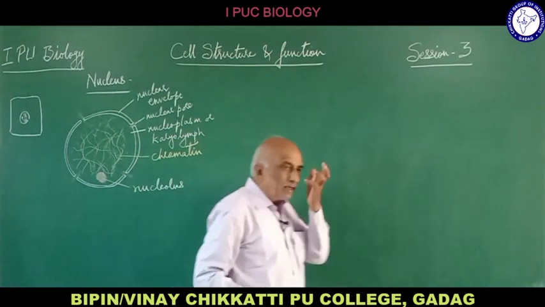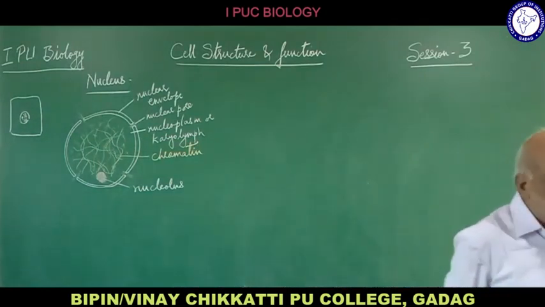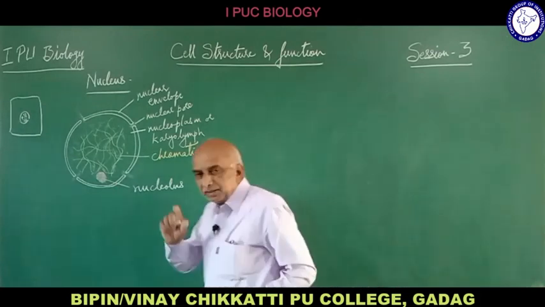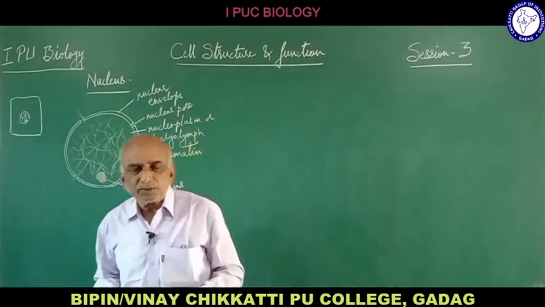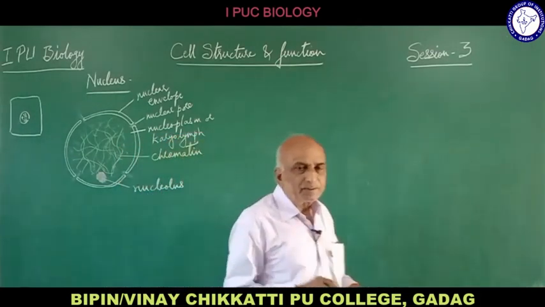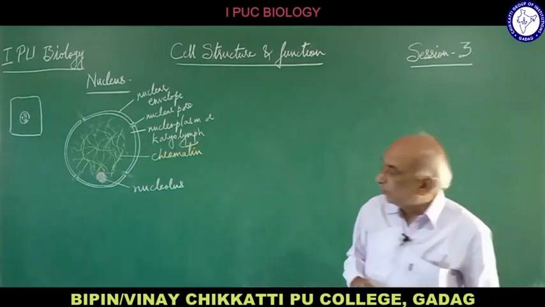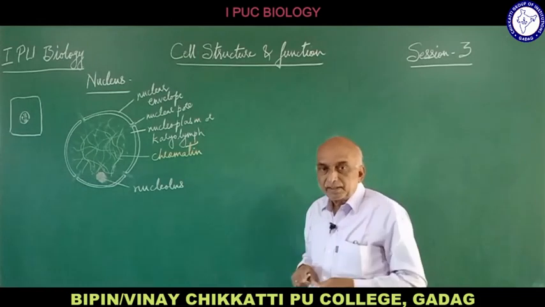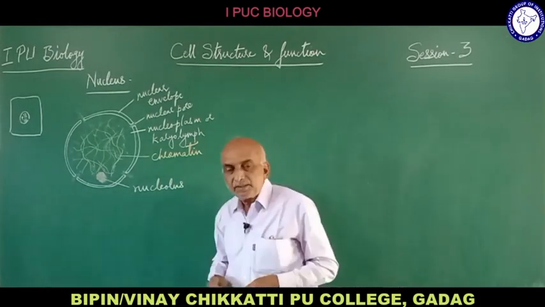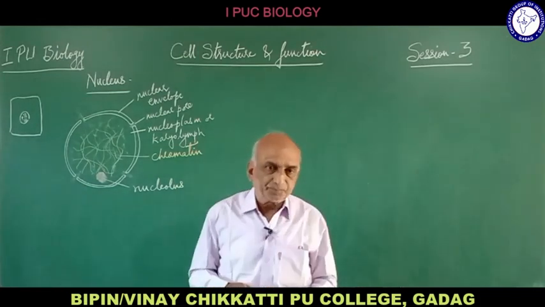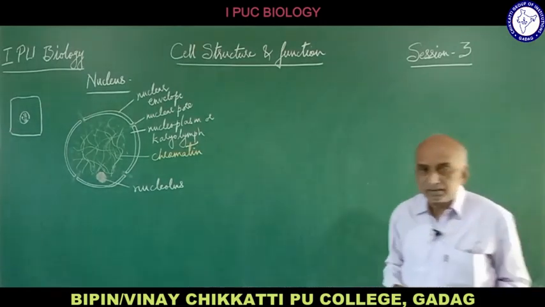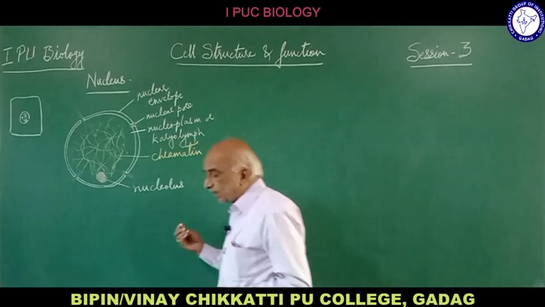So this dark body, which is non-membranous, again it is not made up of membrane, is also a certain amorphous material. This nucleolus is a spherical body which is dark in color, and it contains rRNA and certain ribosomes.